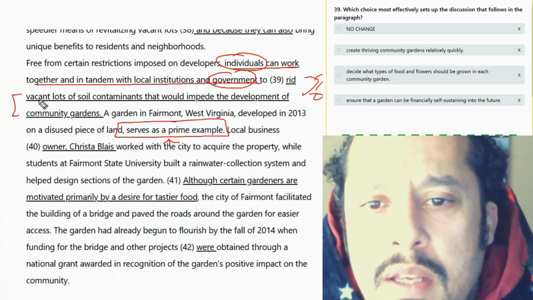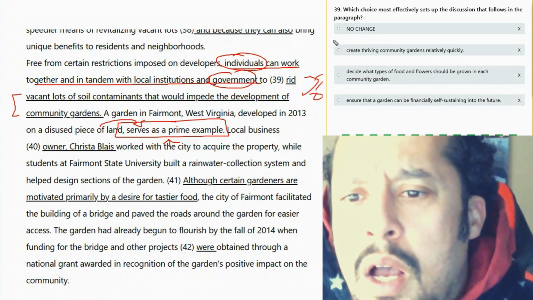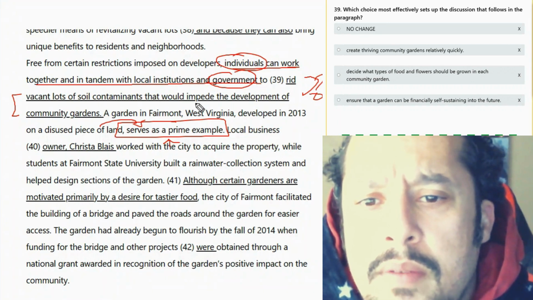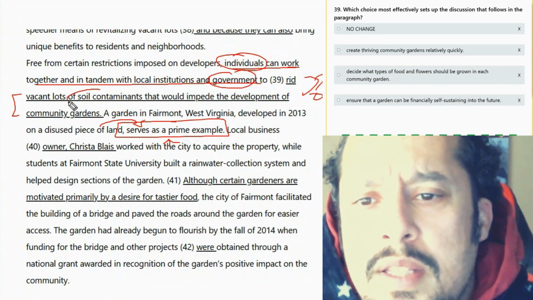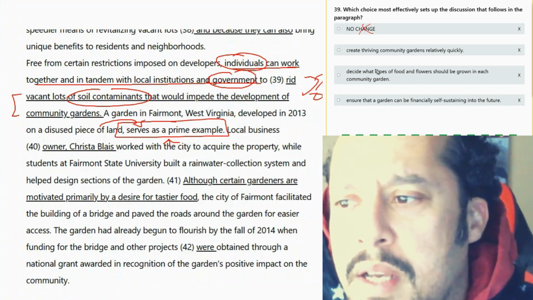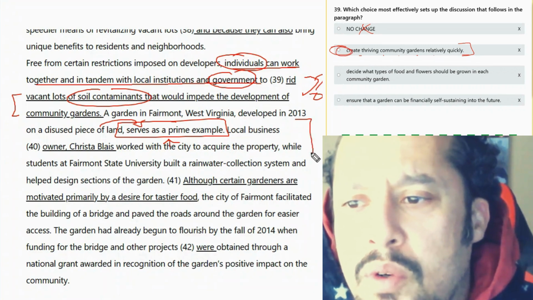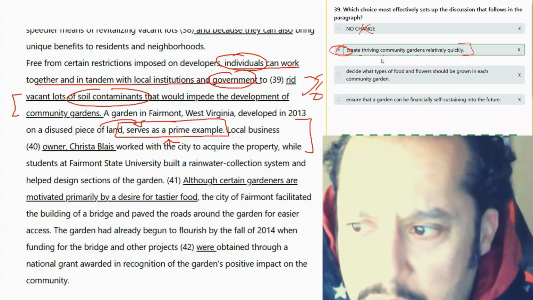So عايزين جملة ديتي introduce example, right? So soil contaminants بس ما كلمناش عن soil contaminants في الانفورميشن اللي بعديها. Create thriving community gardens relatively quickly. My answer is B عشان بعديها بيقول لي example of building a community garden.